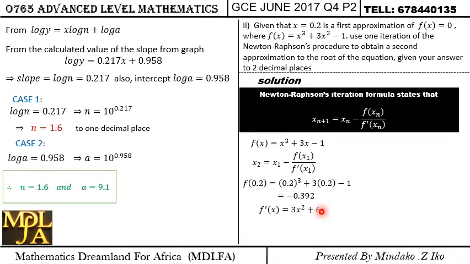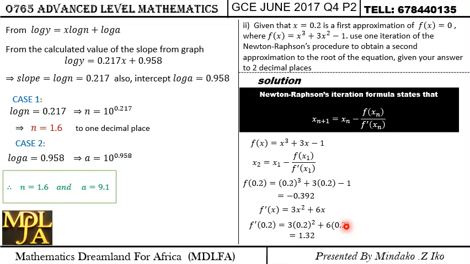Now that we have obtained our f prime of x, we can solve for f prime of x1, and we know that this is our x1. So f prime of x1 will be f prime of 0.2, which means I'm substituting into my new equation here. I'll have f prime of 0.2 equal to 3 times 0.2 squared plus 6 times 0.2.